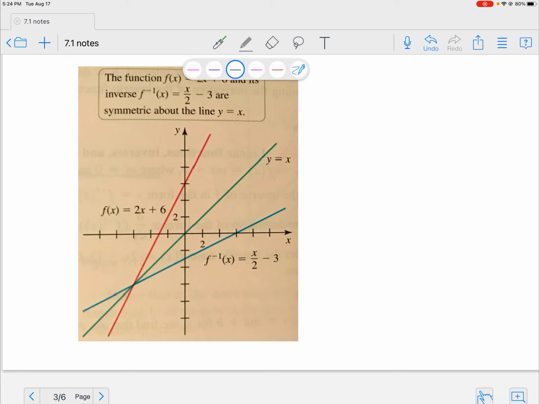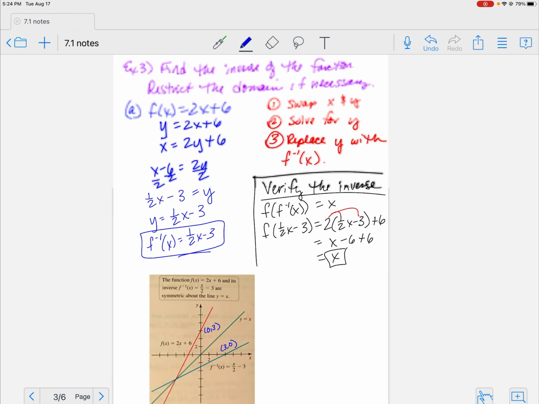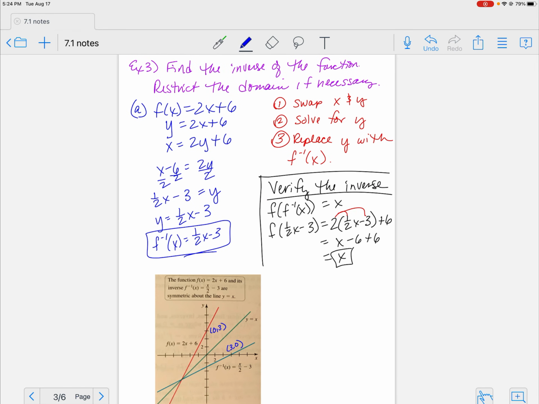Let's go blue. I've got the point up here of 0, 3, and I've got the point here of 3, 0. You can see that those are swapped, right? That's how you verify inverse functions with a graph. We can verify with that composition, and we can find it using algebra.